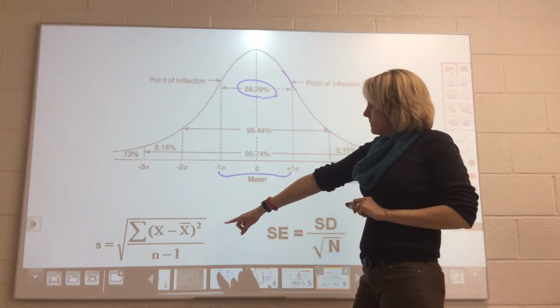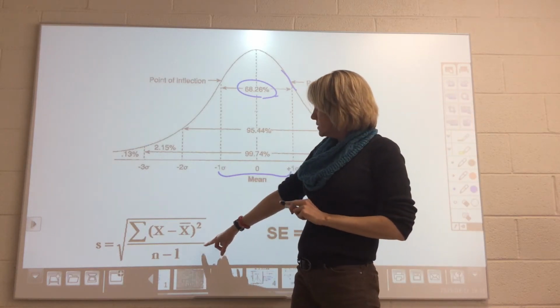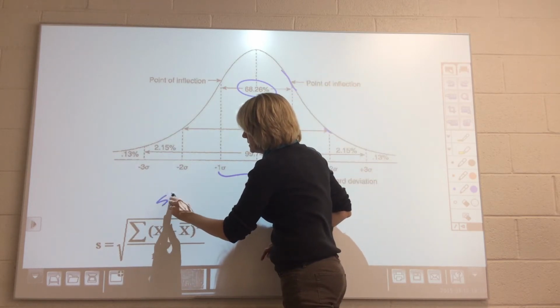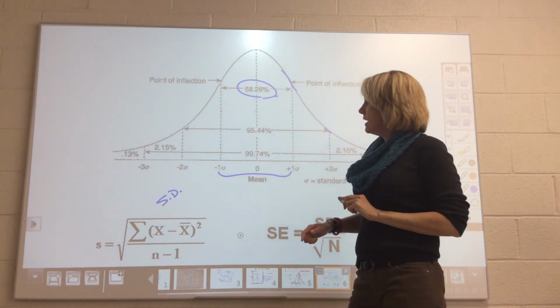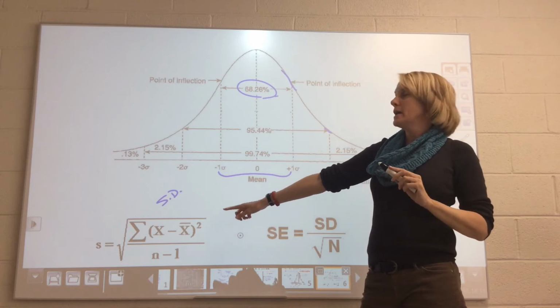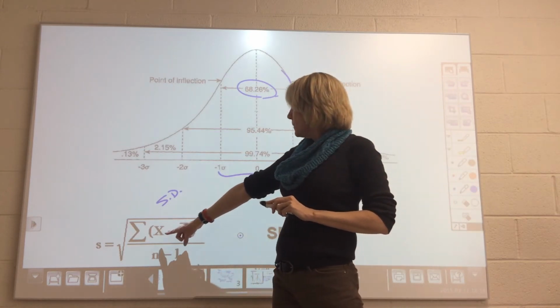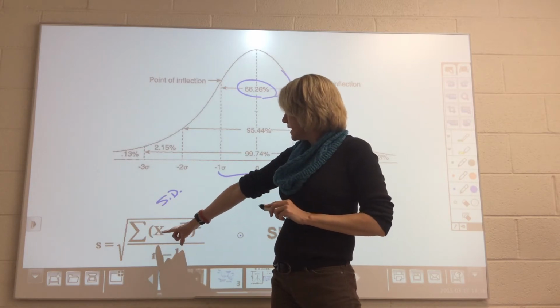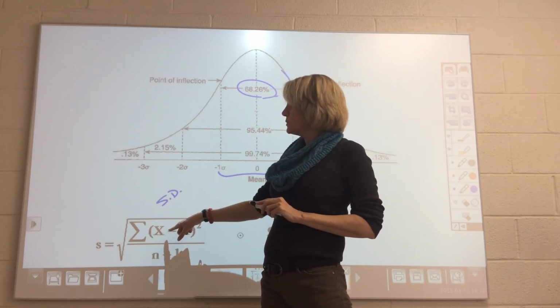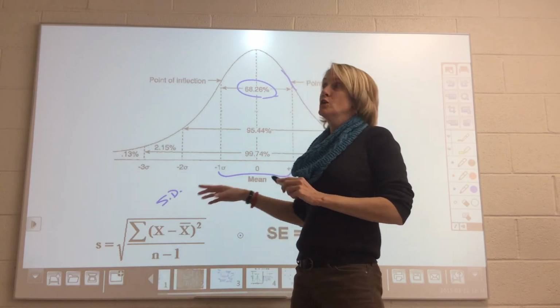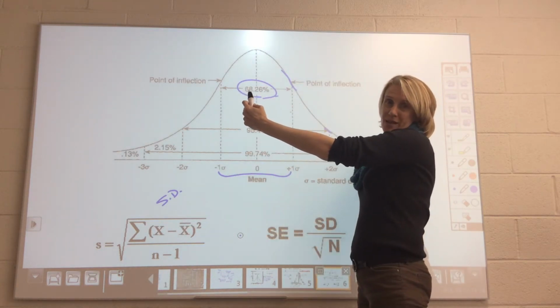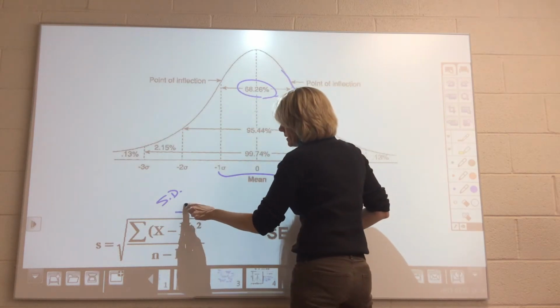Our equation for standard deviation is shown down here. I just want you to note a couple of things. Nowadays, our calculators and graphing programs do this for us automatically. But note, one of the things you're putting into this is how far each point is from the average. So again, we're looking at the variability of our data.